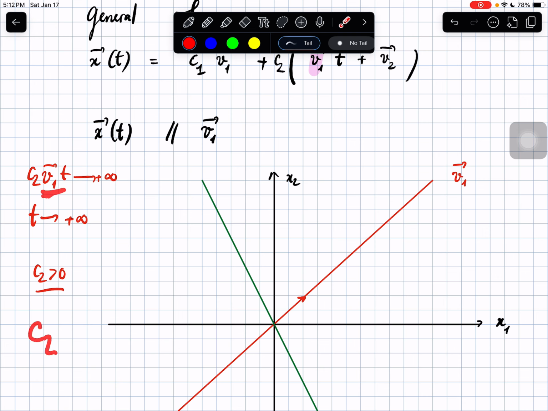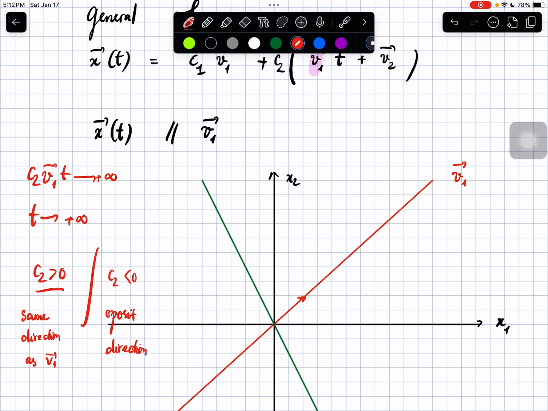If c2 is negative, then this is a negative times V1, so it's going to be the opposite direction.